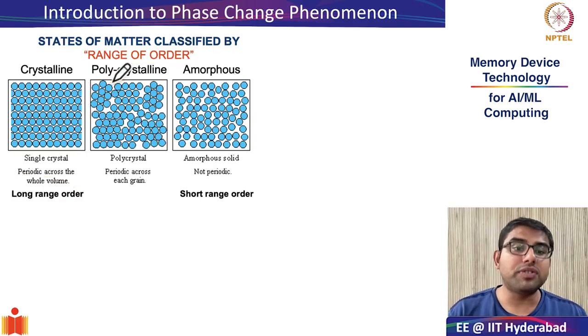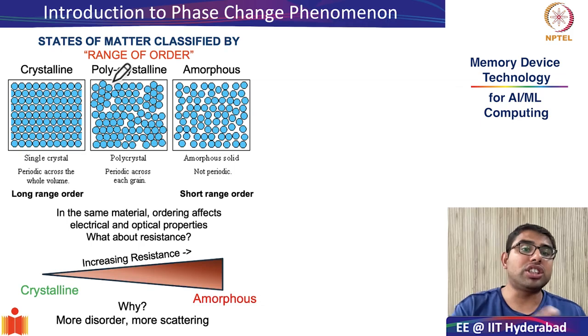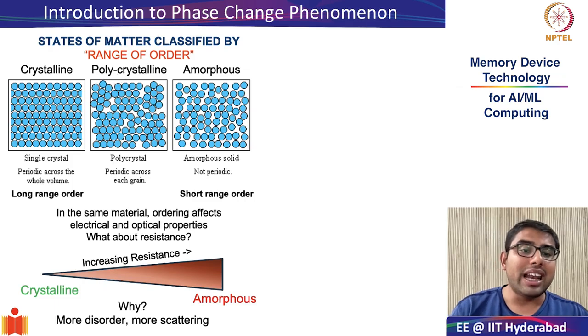And what is very interesting for our purpose is that in the same material, the ordering of atoms in crystalline or amorphous phase completely affects the electrical and optical properties of the material. Since we are primarily interested in electrical properties, let's ask the question, what about resistance?